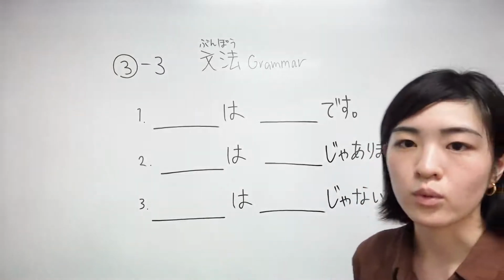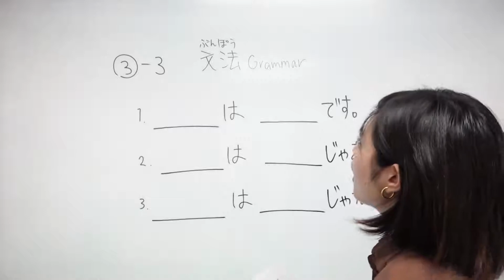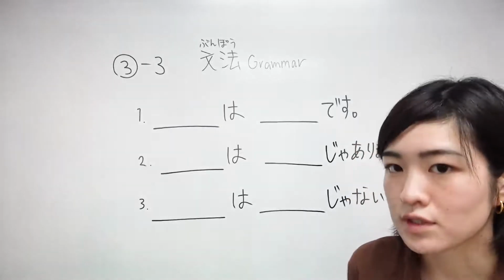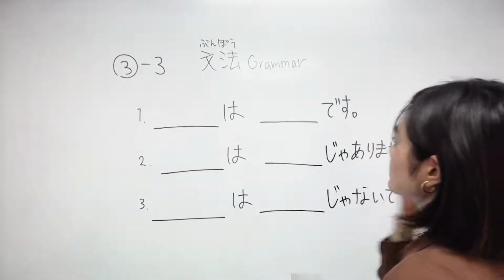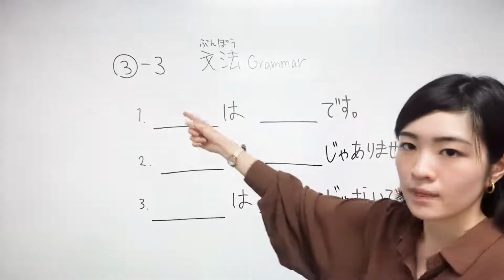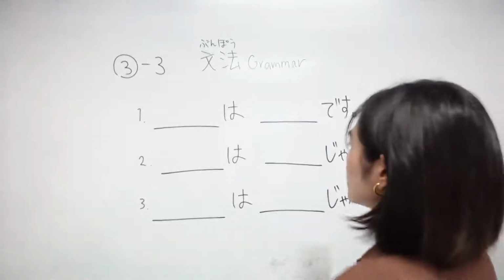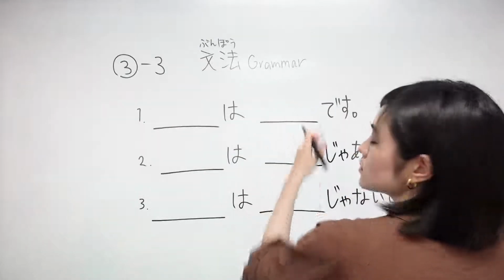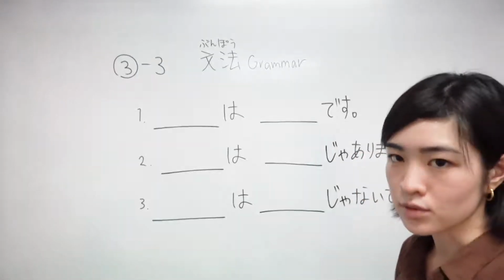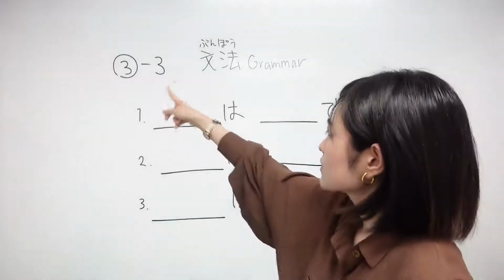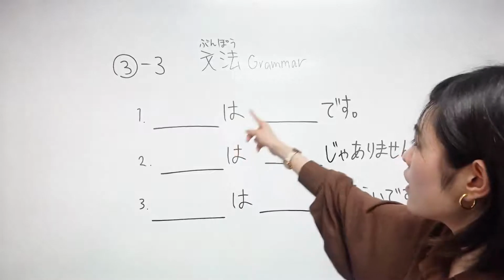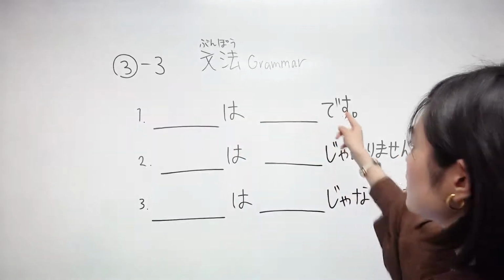For example, when you say, I am a student, okay? 私は学生です.